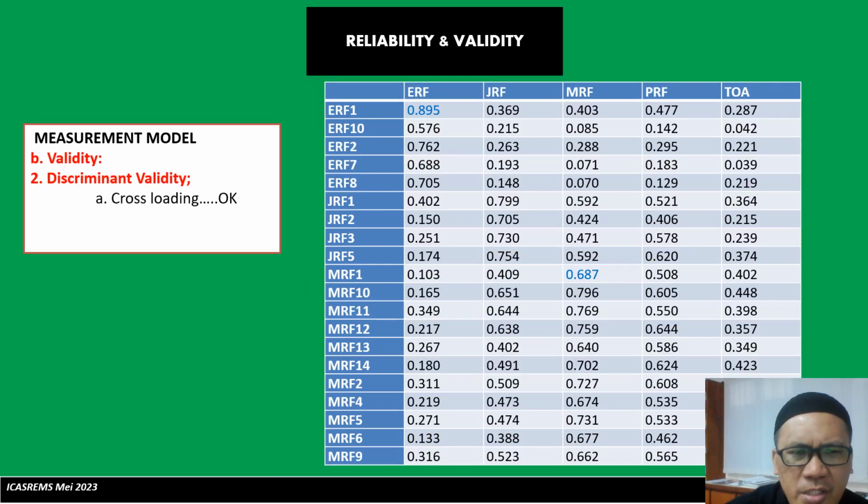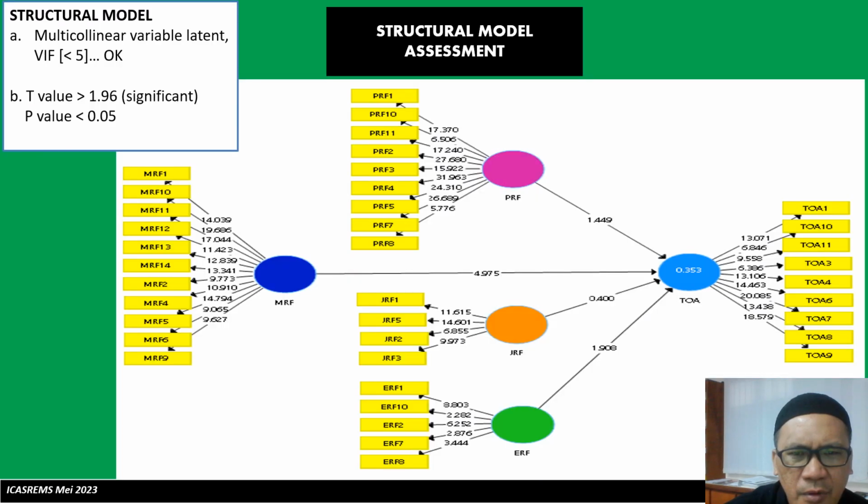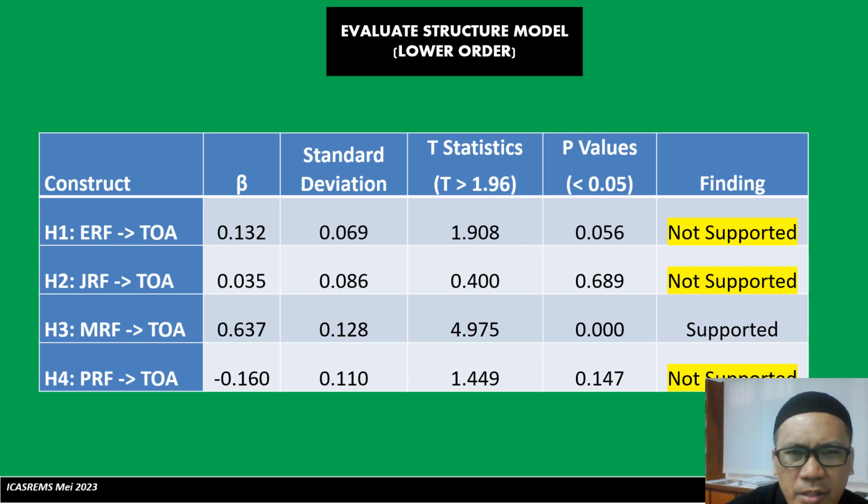Also for discriminant validity. Here I show the structural model assessment. From the result of the structural model, we found three insignificant results. Just one significant result.